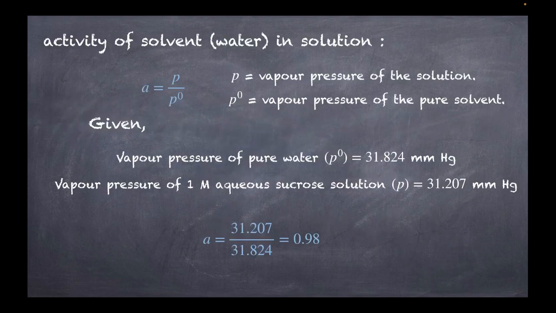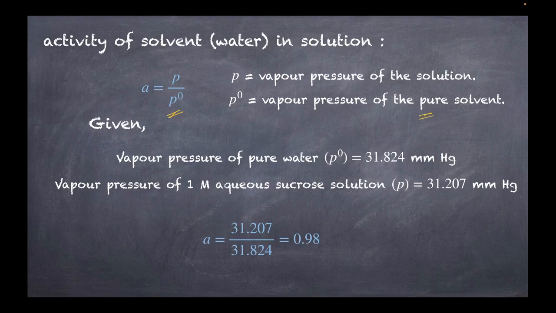Okay, so first the activity of the solvent, that means water in our case, in a solution, is expressed by the expression P divided by P0. That means activity equals the ratio of the vapor pressure of the solution at a particular temperature divided by the vapor pressure of the pure solvent. So here P is the vapor pressure of the solution at 30 degrees centigrade, and P0 is the vapor pressure of the pure solvent at 30 degrees centigrade.